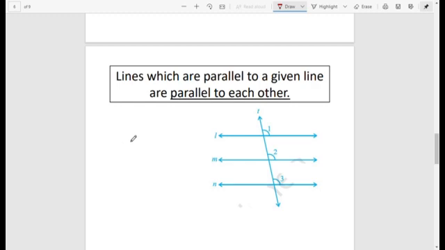Means if line M is parallel to L and line N is parallel to L, then M will be parallel to N.